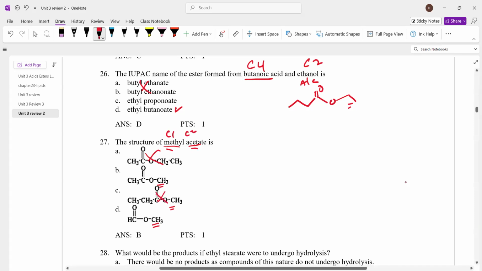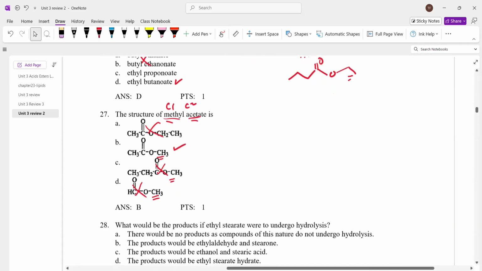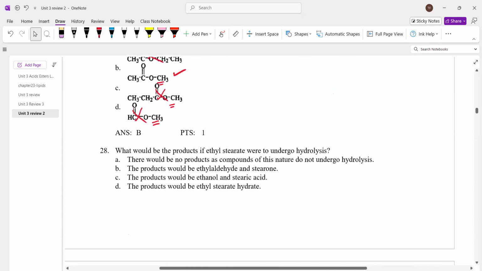So that's 3 carbons, 1 carbon, 2 carbons. So ethyl stearate.